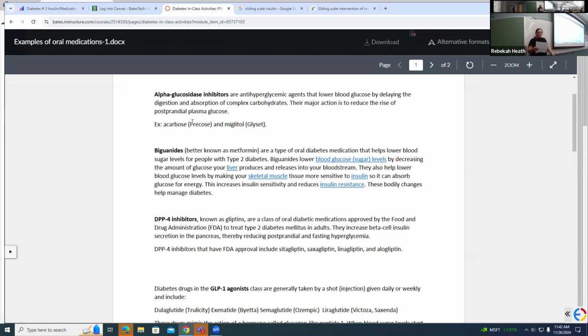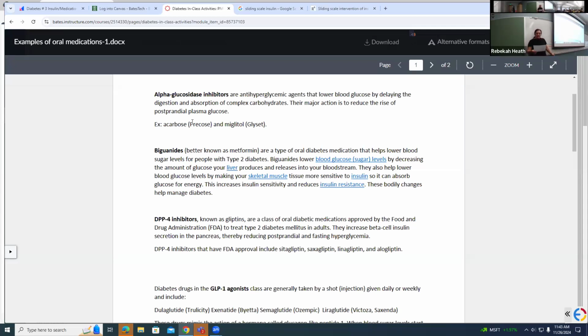But what might be some side effects if we're delaying digestion? Could be nausea. They might have decreased appetite. Maybe acid reflux, if they're prone to that. So it's knowing what the action is, right? The side effects are usually going to be the opposite of that.